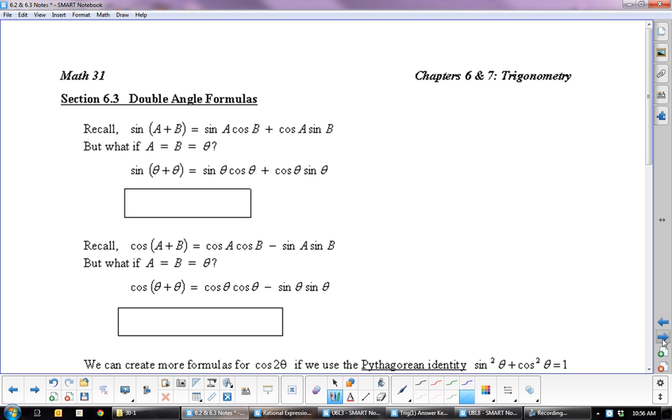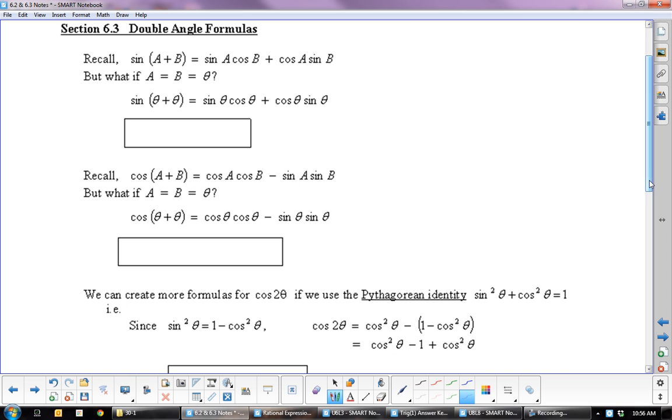Okay, so these double angle formulas, if you want to just go through, they're all on your formula sheet, and it's not part of the curriculum to prove these right now. But you can see sine theta plus theta would be sine 2 theta equals 2 sine theta cos theta.